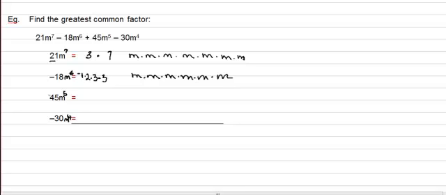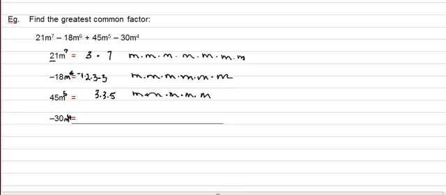45 is another number that we're familiar with. We just did that one. And that was 3 times 3 times 5. And 5 M's. I'm really trying to show you more about the variables here so we can get a shortcut going on that.